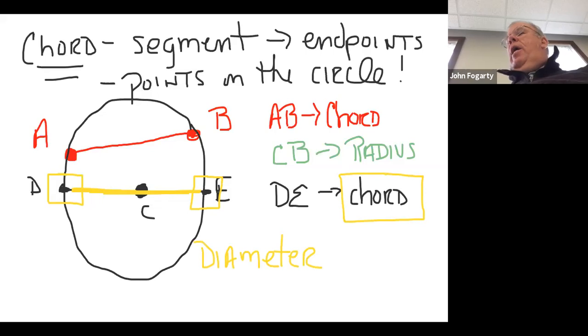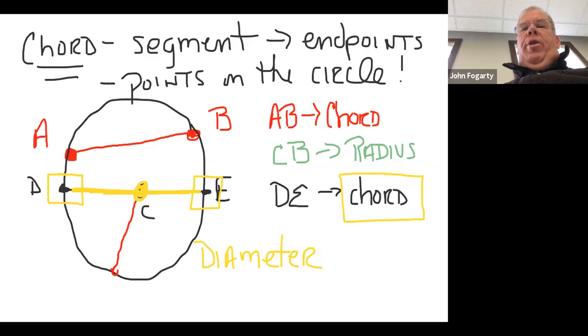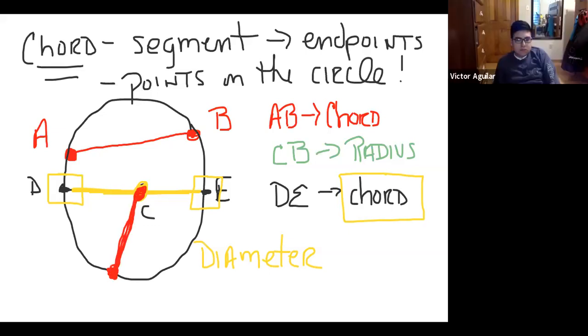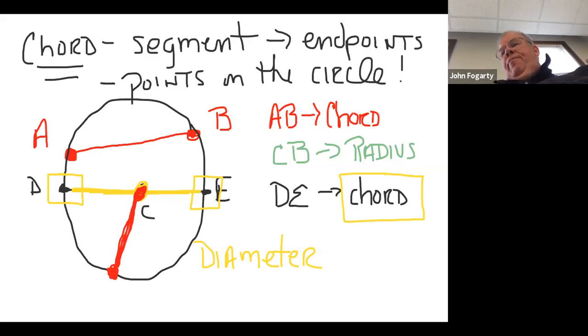So you really have a couple of different things you need to know. Make sure you know the definition of a circle: all the points in a plane the same distance from a point called the center. A radius is a line segment where the two endpoints are the center and a point on the circle, and by definition, all radii of a circle have to be the same length.